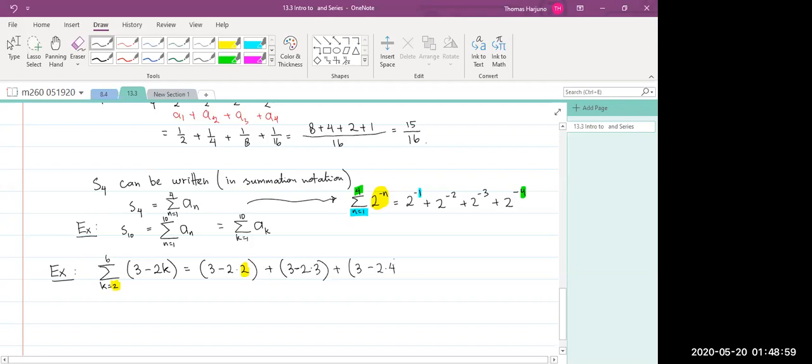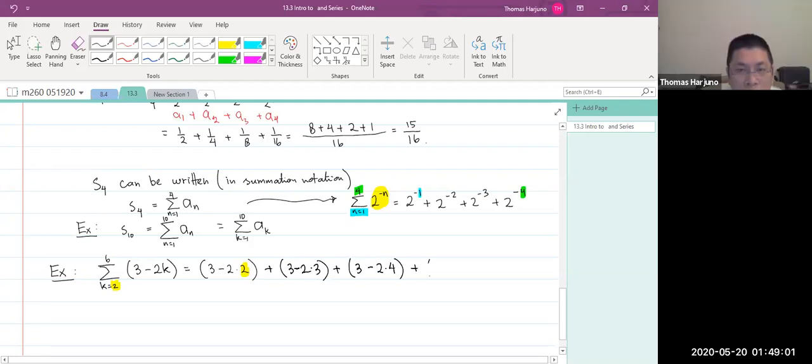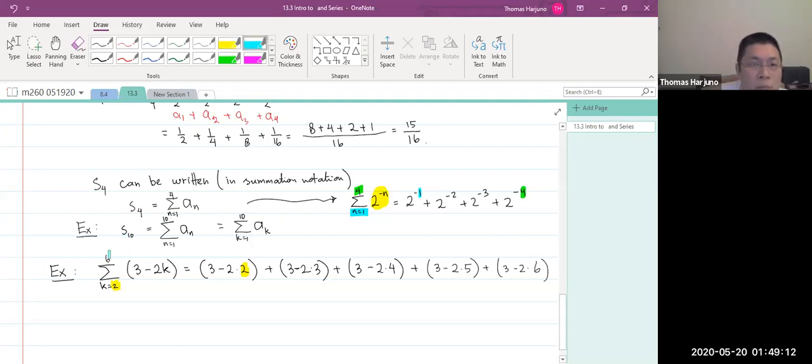I stop when k equals 6. So I follow the same pattern for 3 minus 2k, and k is moving from 2, 3, 4, 5, 6.